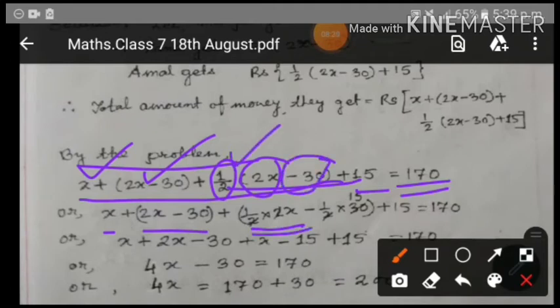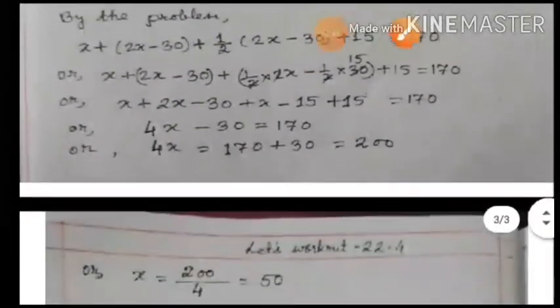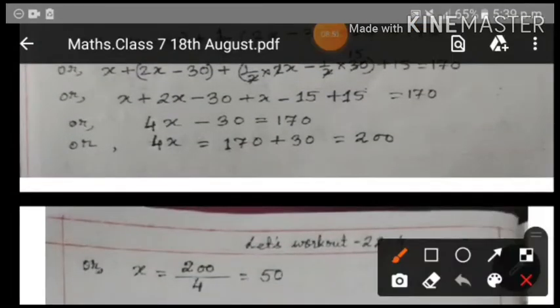Half of 2x is x, and half of minus 30 is minus 15, plus 15 equals 170.